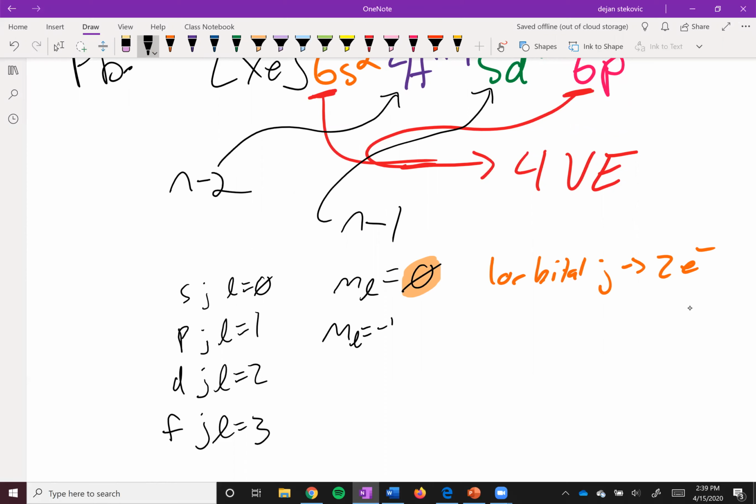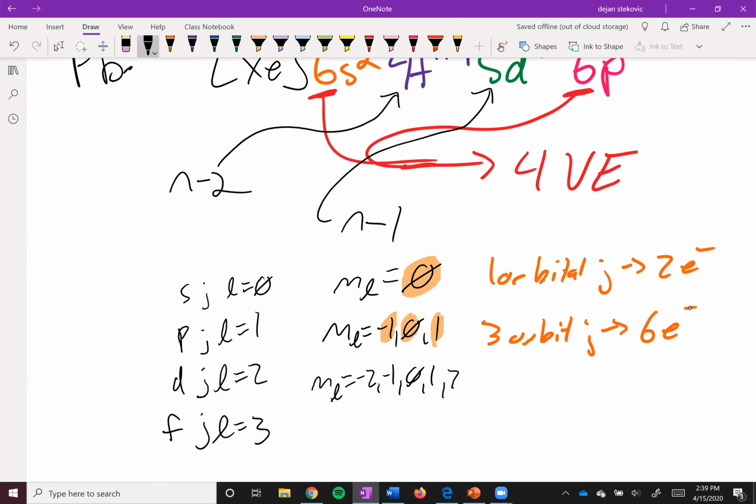For p, m sub l can be -1, 0, or 1. So that's 3 orbitals, or 6 electrons. For d, l is 2, so m sub l can be -2, -1, 0, 1, or 2.